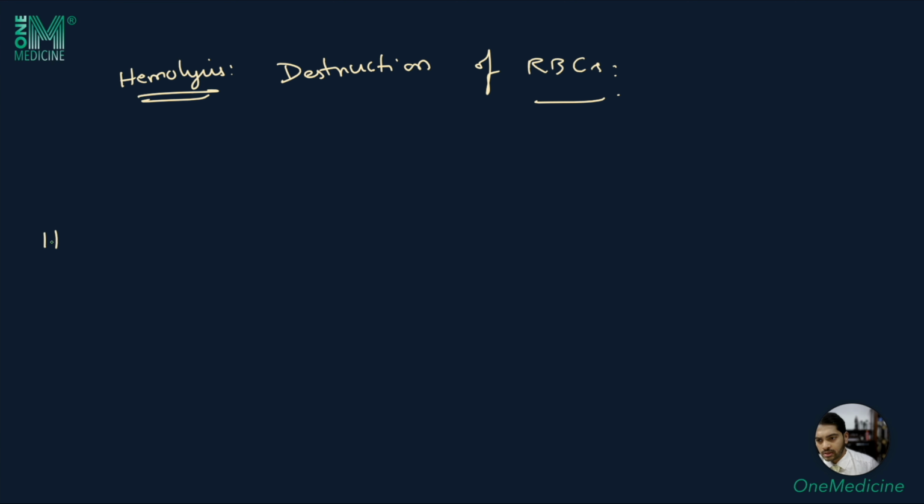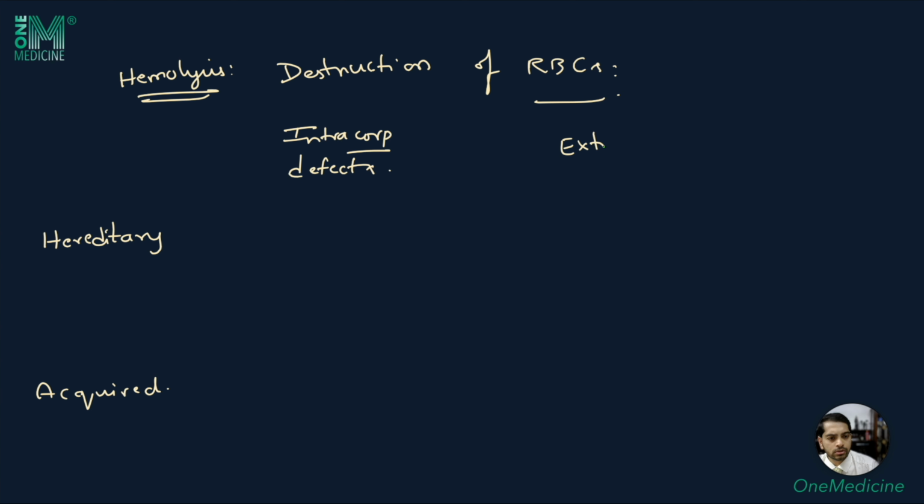Next we have hemolysis. Hemolysis is essentially destruction of RBCs. So the hemolytic anemias are classified as hereditary and acquired causes, and in each of these subheadings we have intracorpuscular defects and extracorpuscular defects.